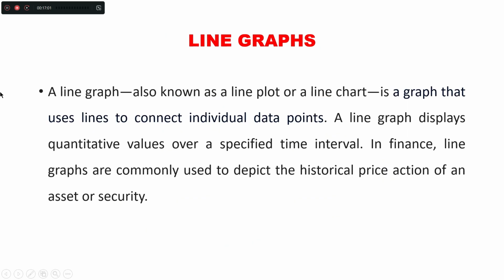A line graph is also known as a line plot, similar to a dot plot. It is also called a line chart. It is a graph that uses lines to connect individual data points. The individual data which we mark in the graph are connected with lines. A line graph displays quantitative values over a specified time interval.